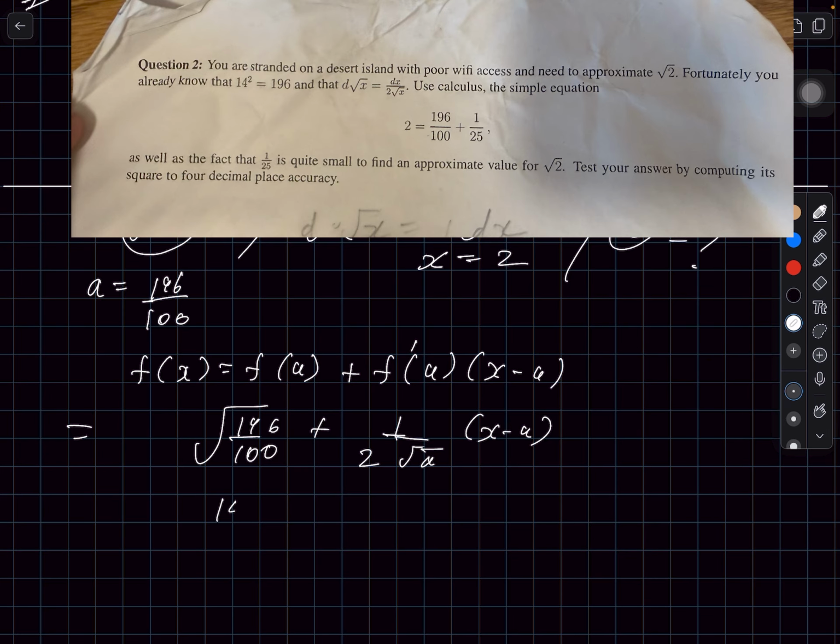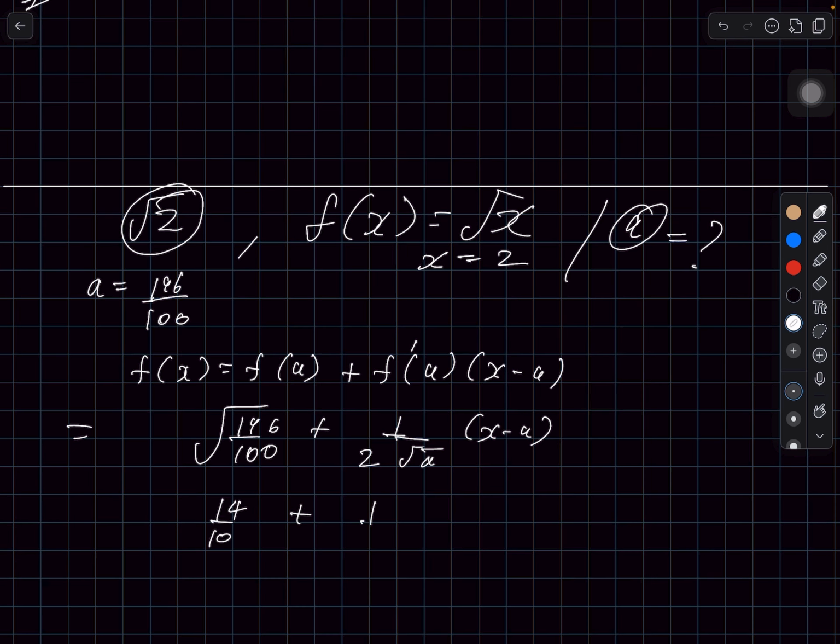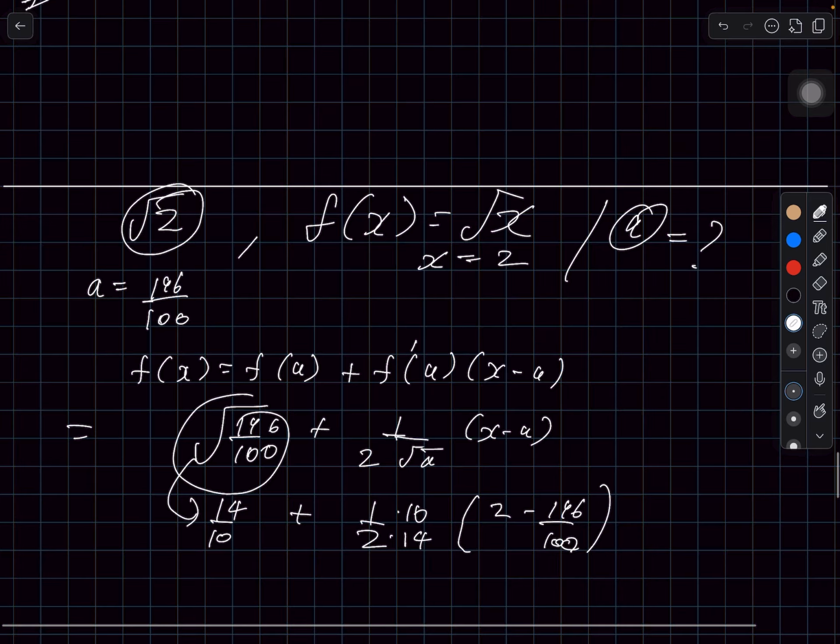So 14 by 10 plus 1 by 2, I mean the square root, you will get this, and this is just the reciprocal of this, so 14 by 10. So x is 2, so 2 minus 196 by 100, you'll get 1 by 25.